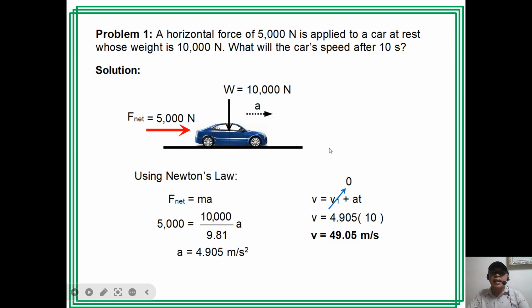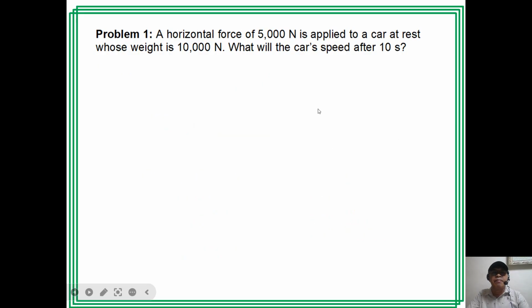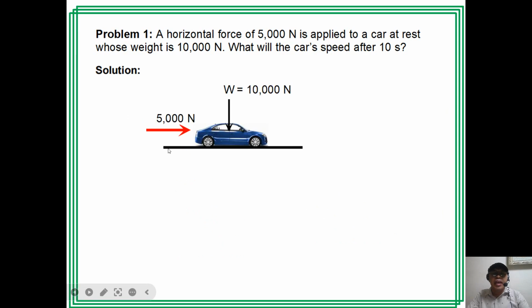How about if we use Lambert's principle in solving this problem? Same figure: we have the net force, the 5,000 Newtons, and since this will accelerate to the right, we add the reverse effective force opposite to the acceleration, equal to mass times acceleration. So, summation of forces equals 0.